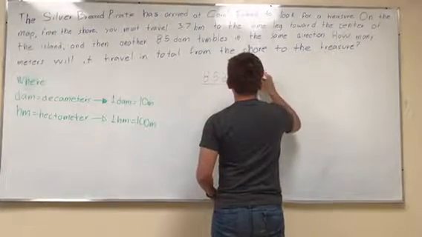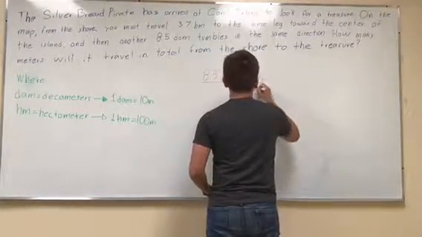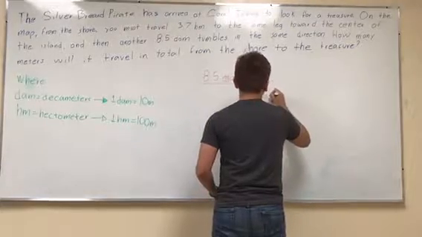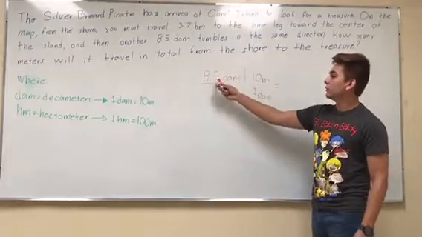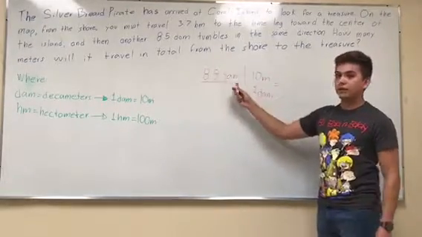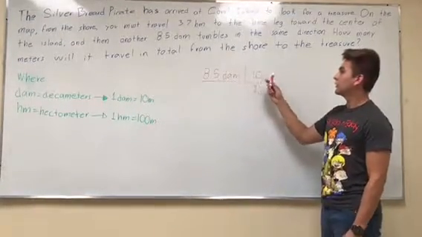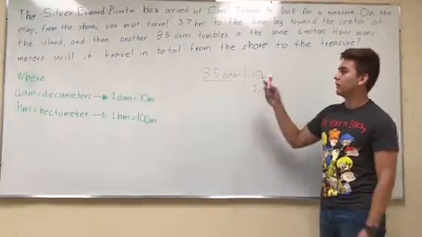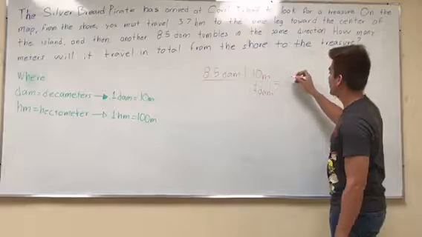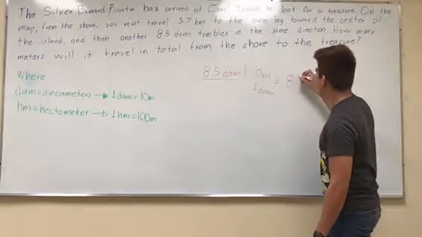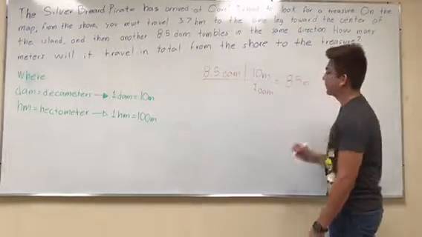Okay, 10 meters is 1 decameter. We will multiply 8.5 decameters with 10 meters to convert 8.5 to meters. So we have 85 meters.